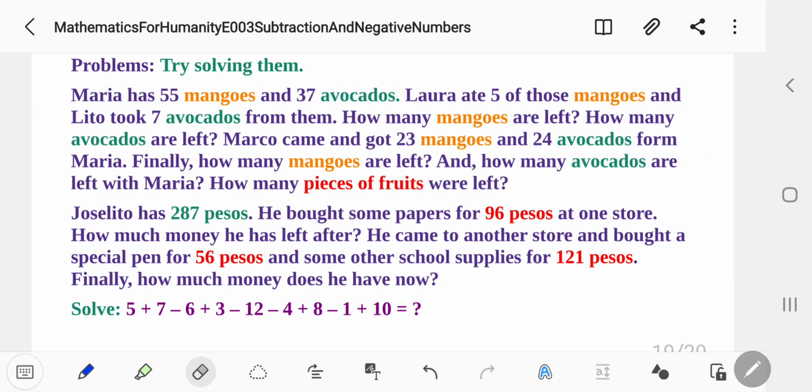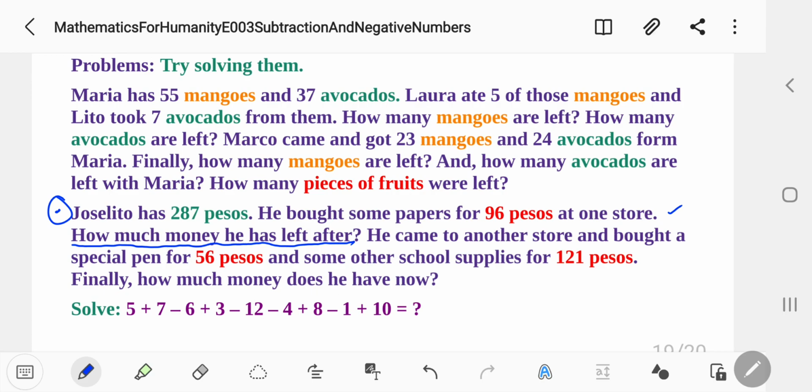The next problem is, Joselito has 287 pesos. He bought some papers for 96 pesos at one store. The question now is, how much money does he have left after? He originally has 287 pesos.